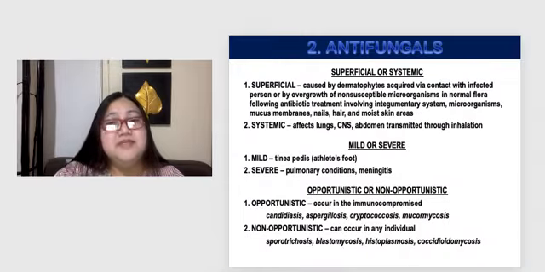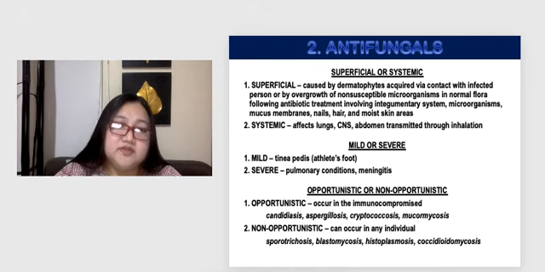Now, may systemic din, but actually pag superficial, usually the skin, the mucous membrane, the hair, the nails. Pag systemic, it could affect the respiratory system, the nervous system, the GI system. Alright? Also, fungal infections are either mild or severe.